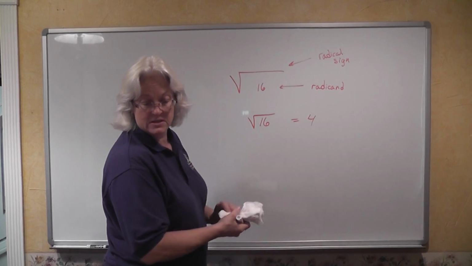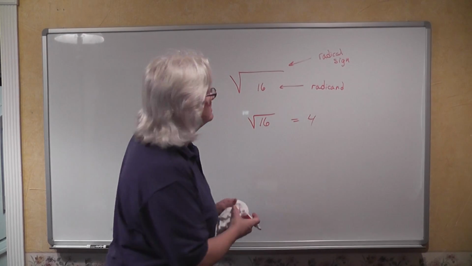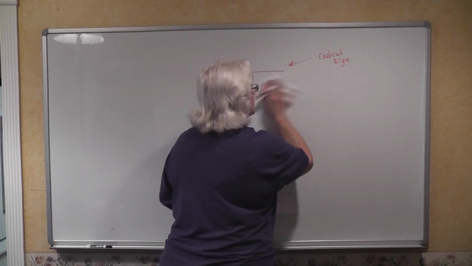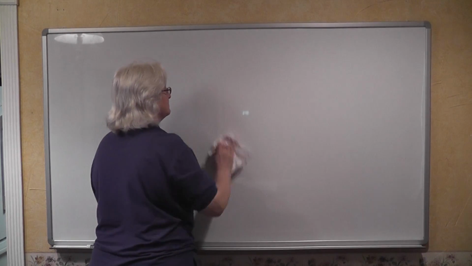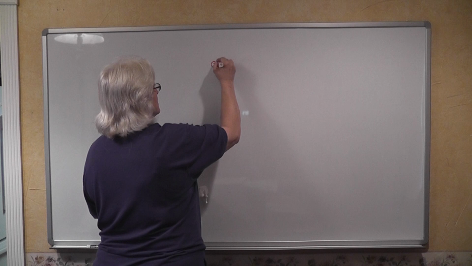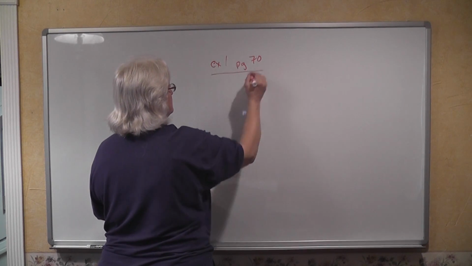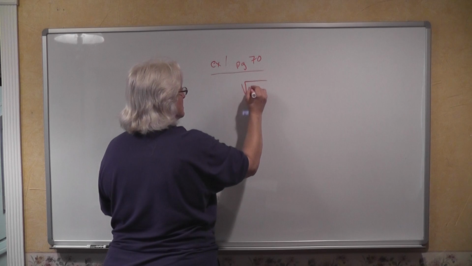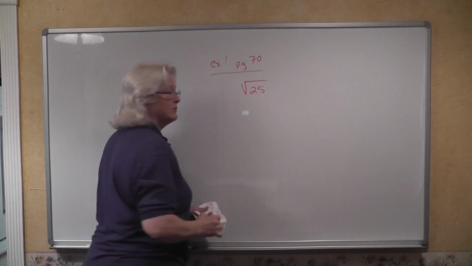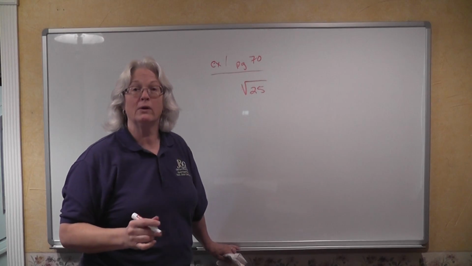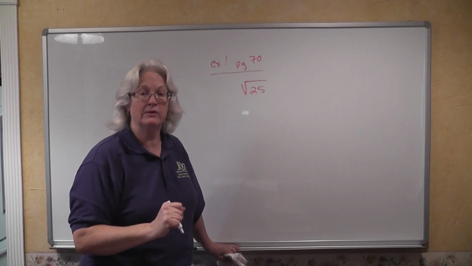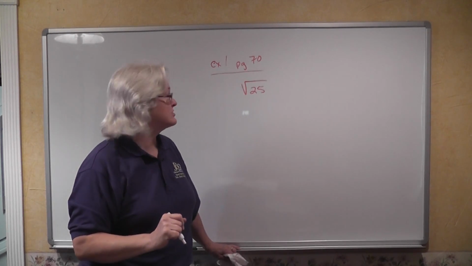Example number 1 says, find the square root of 25. And this is on page 70. What is the square root of 25? Well, we are looking for one of the number's 2 equal factors.